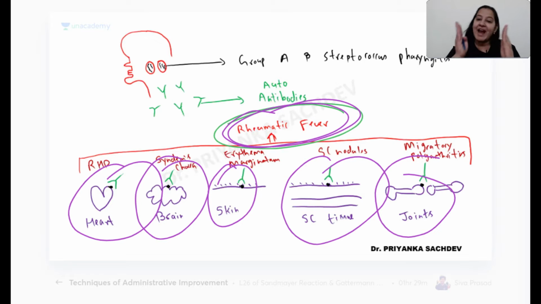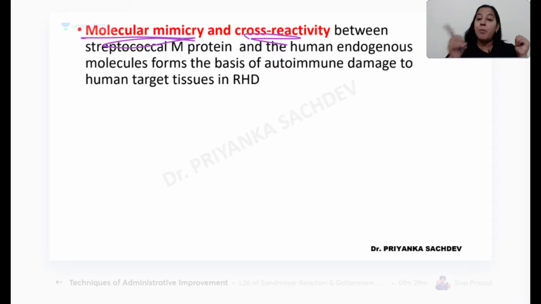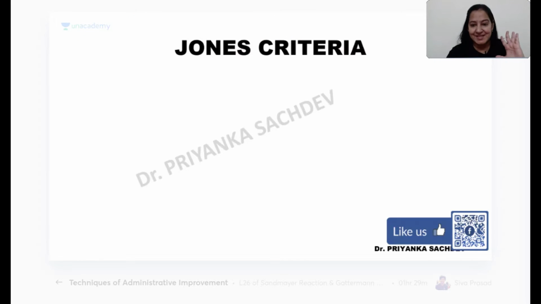The antibodies are supposed to react with the bacteria only, but apart from reacting with bacteria, these antibodies also react with these 5 organs. That is known as cross-reactivity. So the mechanism is molecular mimicry shown by the 5 organs of the body, and cross-reactivity shown by the autoantibodies. In short, this is the mechanism.